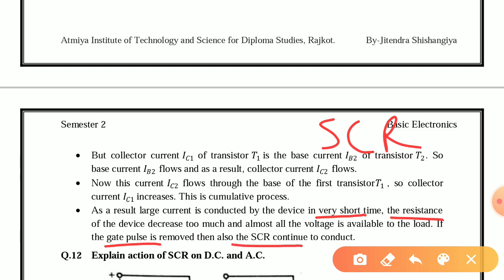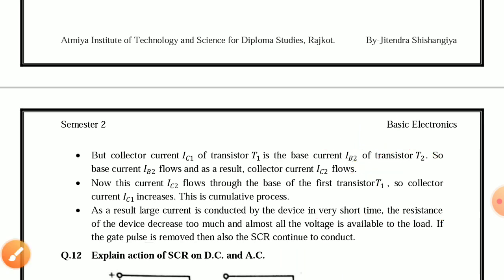That means once we provide the gate pulse, the SCR is on, and when we remove the gate pulse, the SCR continues to conduct. If I want to stop the SCR from conducting, then a reverse pulse is applied at the gate. This way the SCR works.